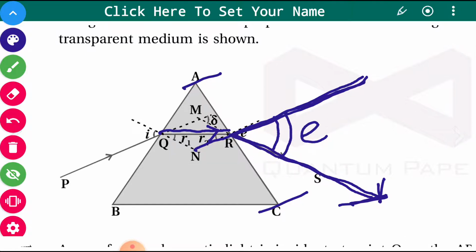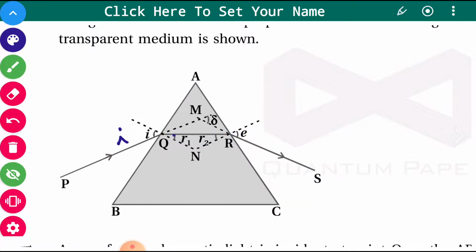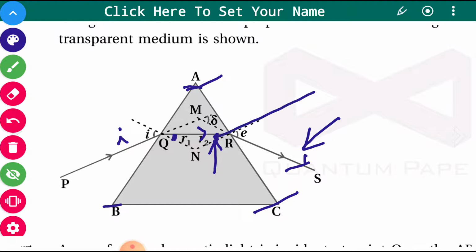So all these angles I have shown. This is the angle of incidence, and this is the angle of refraction for the first face, that is the AB face of the prism. Then r2 becomes the angle of incidence for this AC face, and the ray goes from denser medium to rarer medium. So this is the emergent ray which makes an angle e with the normal drawn at the point of incidence at the AC face of the prism.